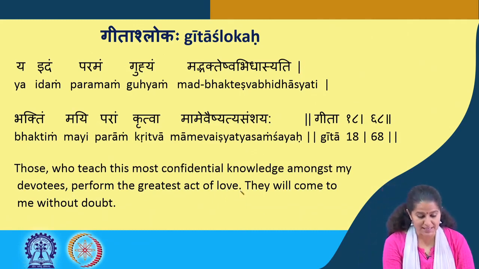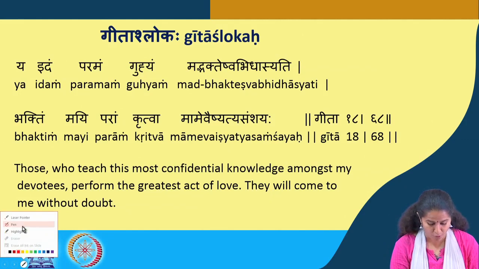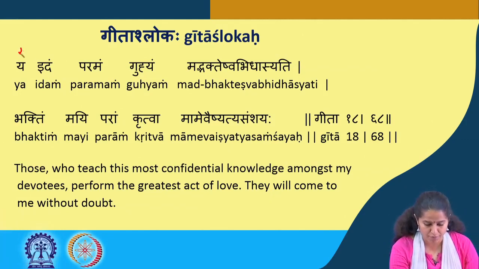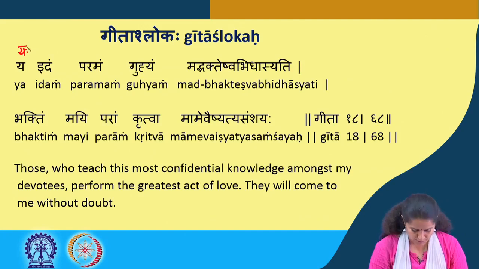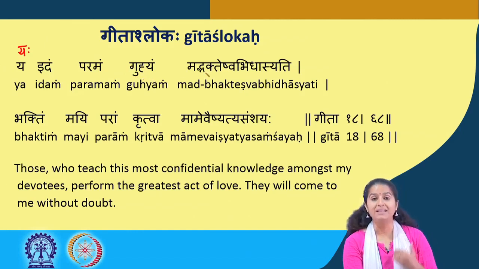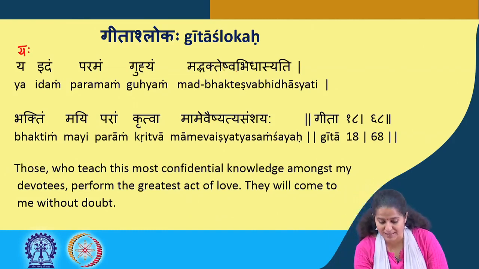And what is it? So he says here, ya is actually, we are already looking at a sandhi form here. We've looked at this word before and we know that in its original form it has the two dots, the visarga along with it. So we have it as yaha idam paramam guhyam, this highest knowledge, mad bhakteshu abhidhasyati.